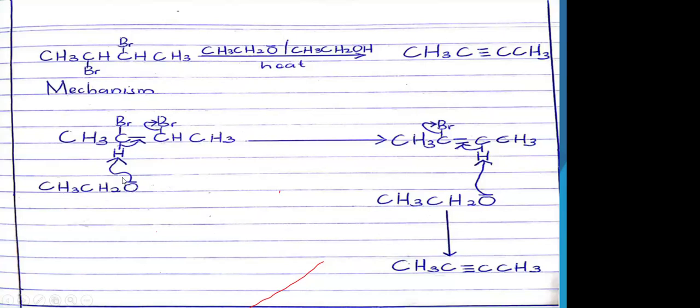So in the reaction, we attack hydrogen, then the bond between carbon and hydrogen is formed. It forms a double bond here. Then you break off the bromide from the next carbon, not the same carbon you have attacked.